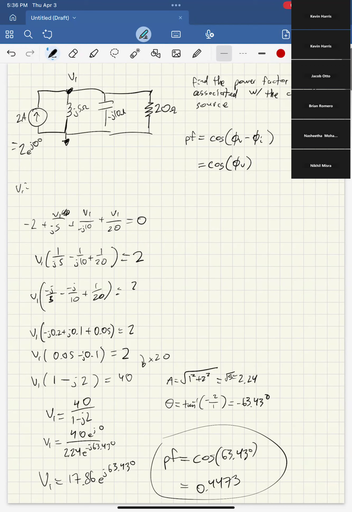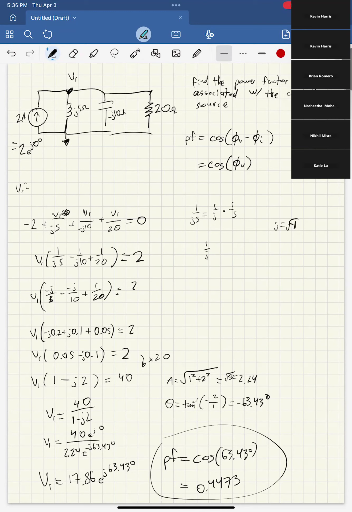Cool. How did I go from 1 over j5 to negative j over 5? 1 over j5 is equal to 1 over j times 1 over 5. And for 1 over j, think about it: j equals the square root of negative 1, by definition.